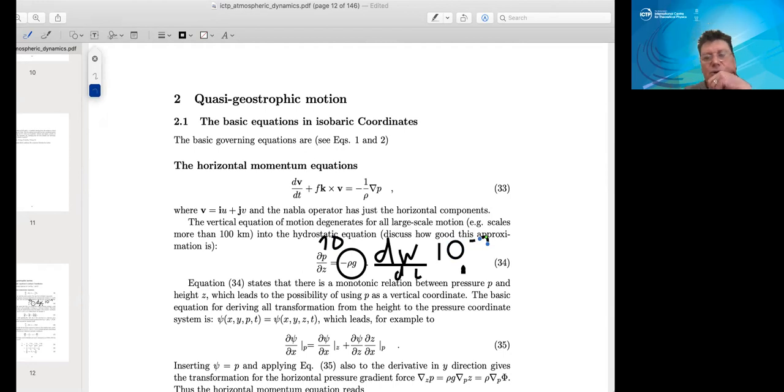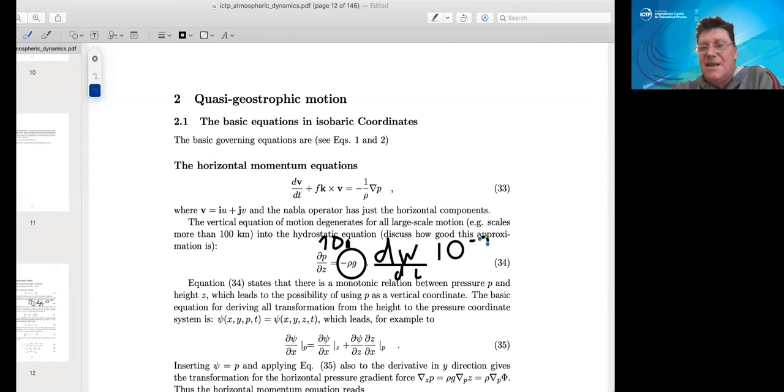Ten to the minus 2, and the d by dt time scale was 10 to the 5, about 1 day. So we have 10 to the minus 2 divided by 10 to the 5. That's 10 to the minus 7. So we compare 10 to the minus 7 order of magnitude with something like this 10. So that is 8 orders of magnitude difference.